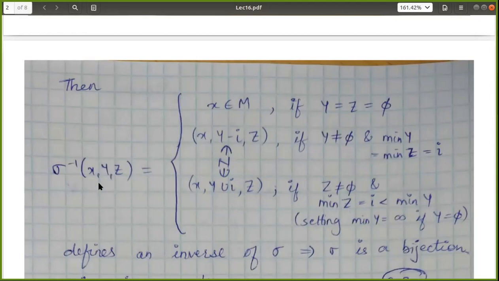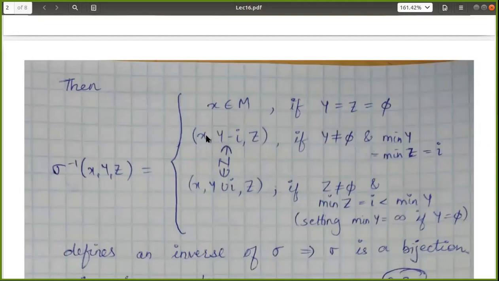Here y, if you're seeing this, y has to have a cardinality even because this triple is an element in n prime, right? So again, as soon as you have an element in n prime with y and z as being finite subsets of a totally ordered set, again, you can look at their minimum elements, and minimum elements of these two sets could either differ or be same. If they happen to be same, which is this case, you take the element off from the set which is smaller, okay?